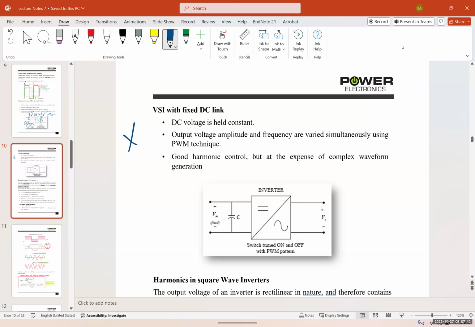By controlling the PWM at the first stage, we can control the voltage, because it's a buck boost converter, a variable DC converter. And by controlling the pulse width at the second stage, we can control the frequency as well. This shows an inverter with a fixed DC link.